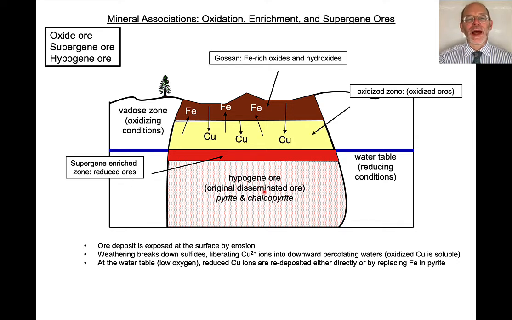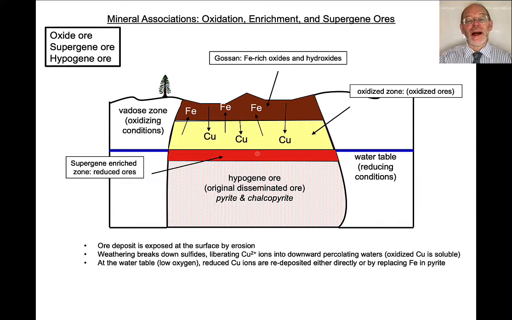And what's important about this is that iron is very soluble at reducing conditions, but very insoluble at oxidizing conditions. And copper is exactly the opposite. Copper is very soluble in fluids in oxidizing conditions and very insoluble at reducing conditions. So what does that mean?